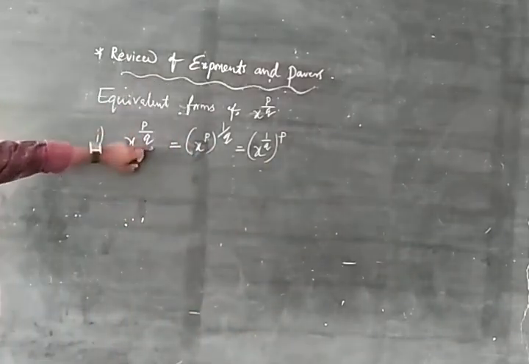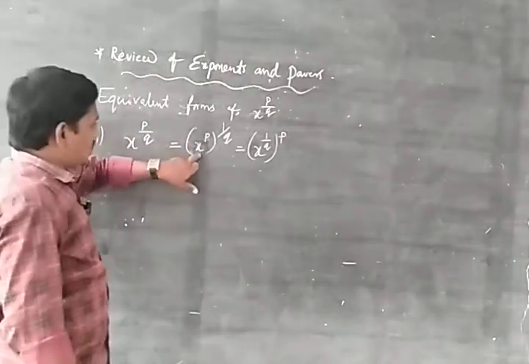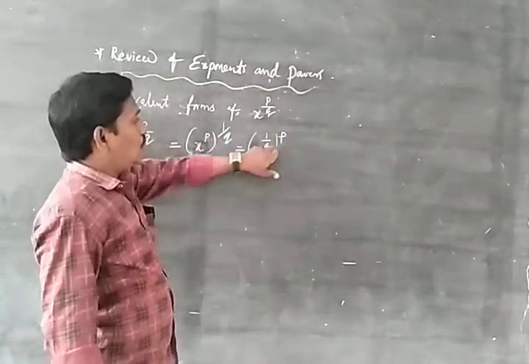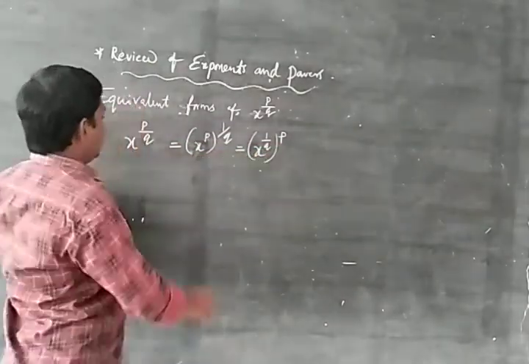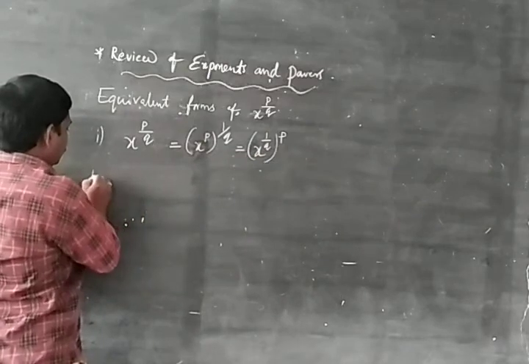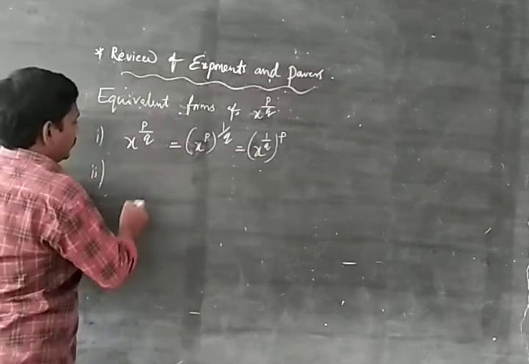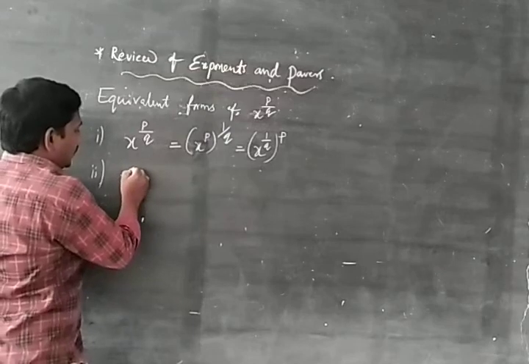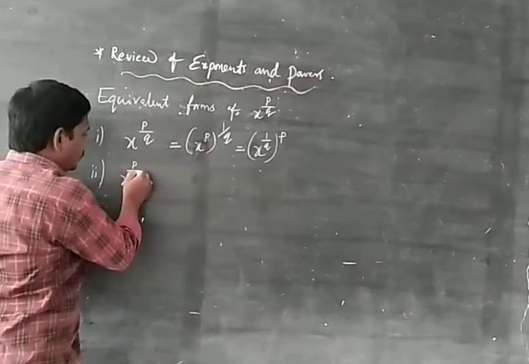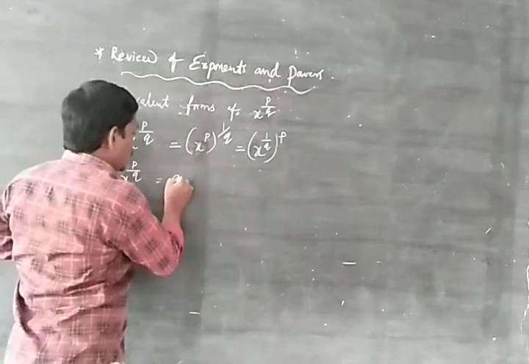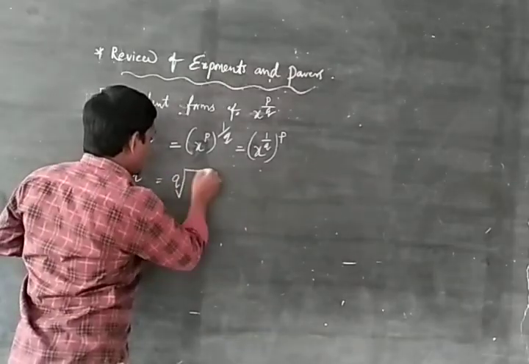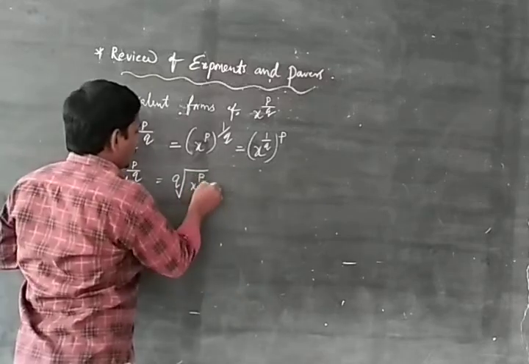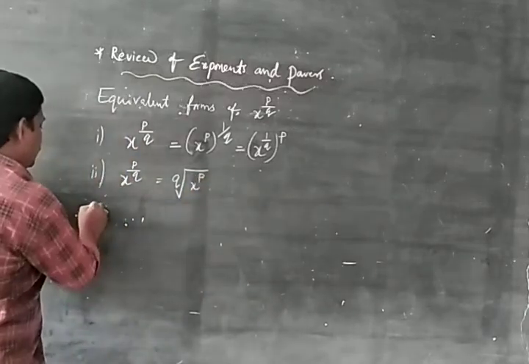And x power p by q is written as the qth root of x power p.